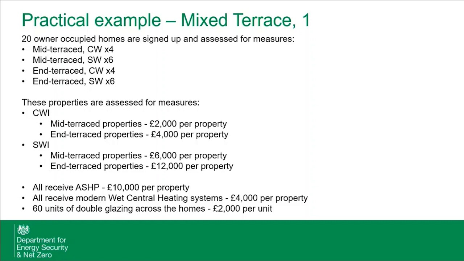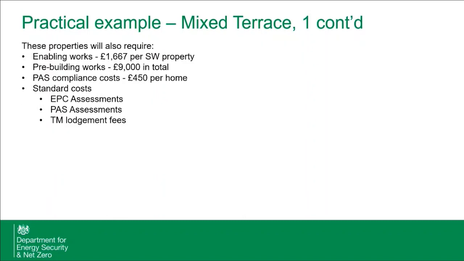By these costs as well, we accept that we want all homes to receive air source heat pumps, so they're 10K. We also want properties to have an upgrade to wet central heating systems, and we also want 60 units of double glazing across the scheme, where each unit is £2,000 per unit. In terms of additional costs, I'm aware that they're a little bit incomplete.